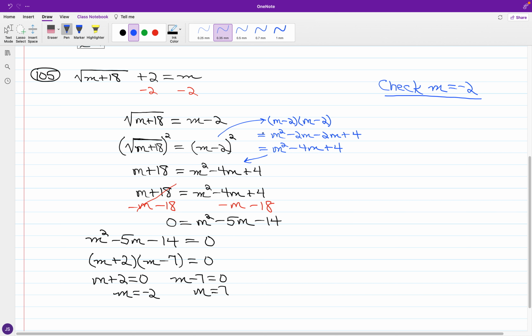is strongly recommended. So if I plug in -2 for m, -2 plus 18 is 16. Plus 2 is equal to m, and the square root of 16 is only +4. And for what I have here, 4 plus 2 is 6, and that's what I have on the left.